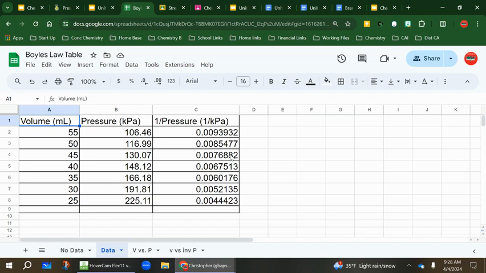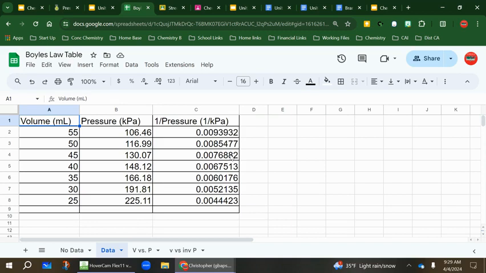Now, what does the inverse mean? Kind of the reciprocal of it. Thank you. So instead of using 106.46, I'm going to use 1 over 106.46. That is the numbers that I got here that I took the reciprocal of.